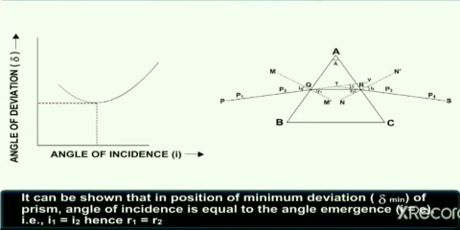It can be shown that in the position of minimum deviation of the prism, delta minimum, the angle of incidence is equal to the angle of emergence, that is, I1 is equal to I2. Hence, R1 is equal to R2.